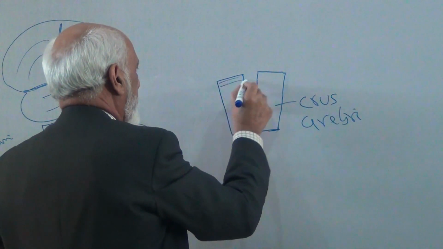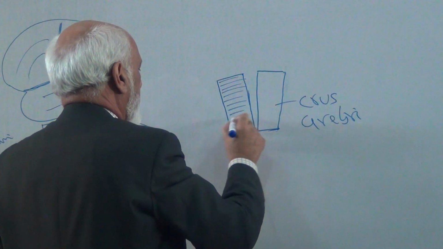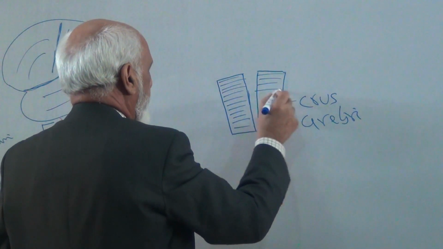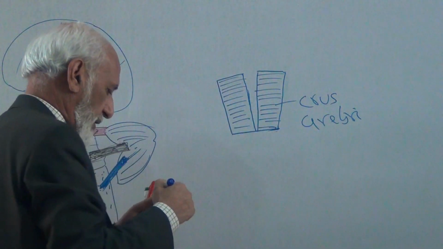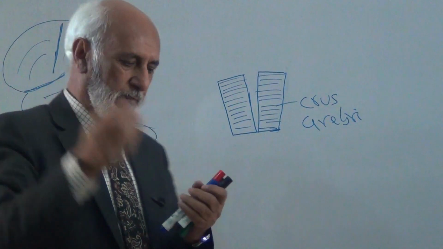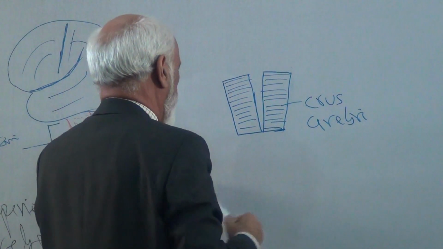Right crus cerebri and left crus cerebri, which extend above from the cerebrum and below to the pons.